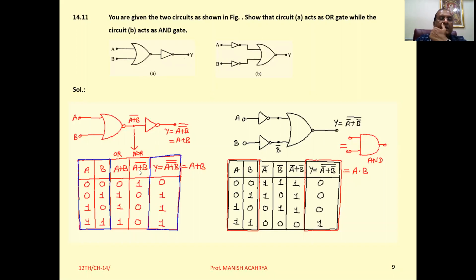So NOT of A or B: 0 to 1, 1 to 0, 1 to 0, 1 to 0. Now output of NOR, that is this one. Now that is input of NOT. So NOT will invert it. So now the resultant output given by this NOT is 0, 1, 1, 1.